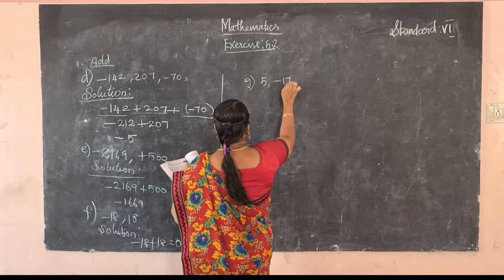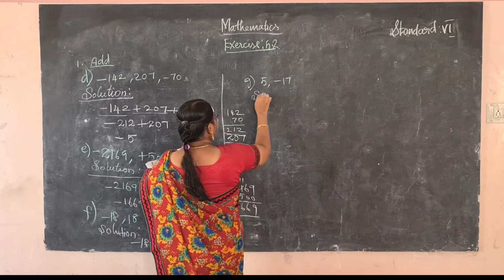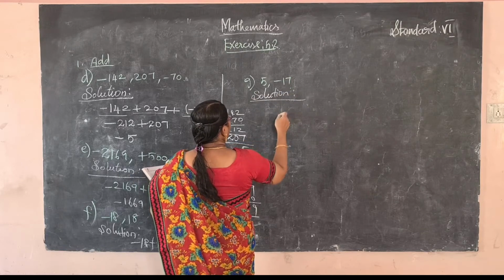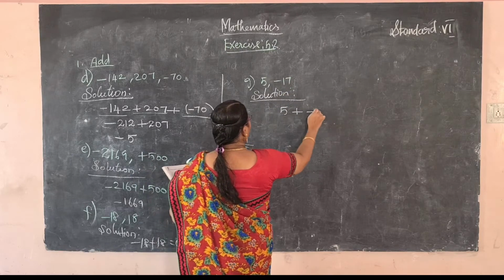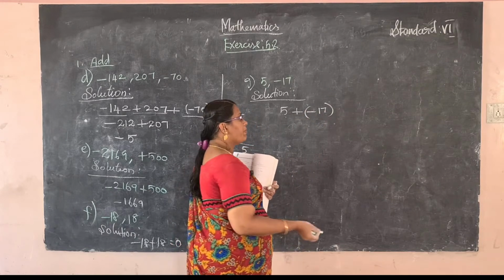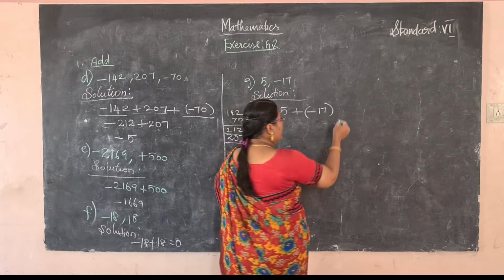5 minus 17. So solution: 5 plus minus 17. Two different signs will come. What do we do? Subtract and put the greater number's sign.